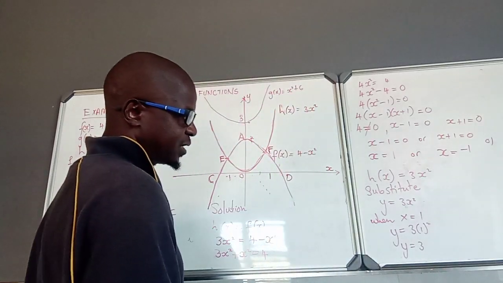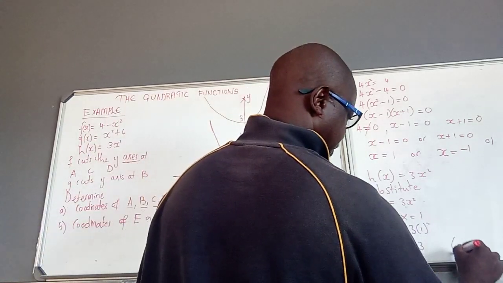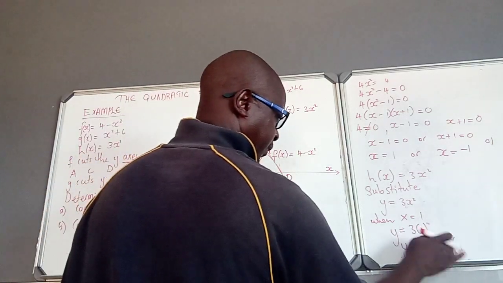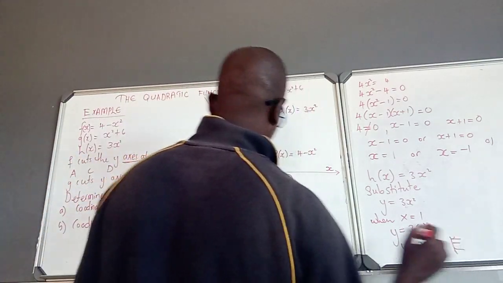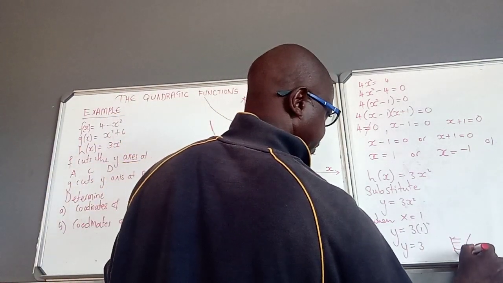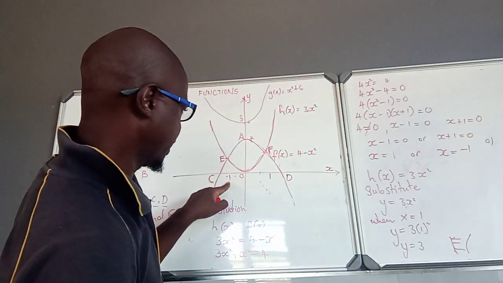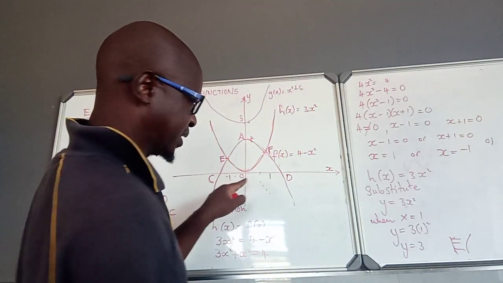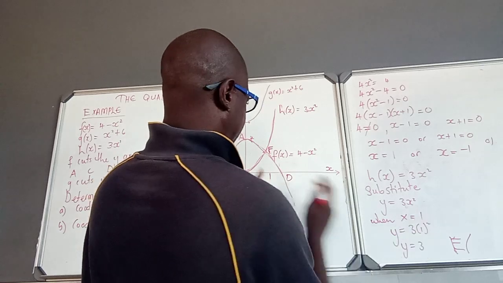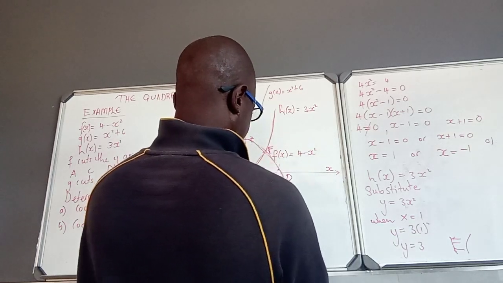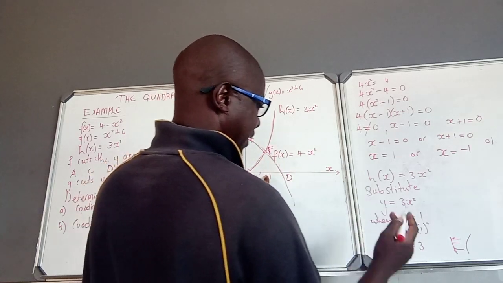So what does that mean? It means the coordinates of this point has got coordinates of, okay, when I substituted with a 1, it means I was talking about f, because f is the one on the right hand side.